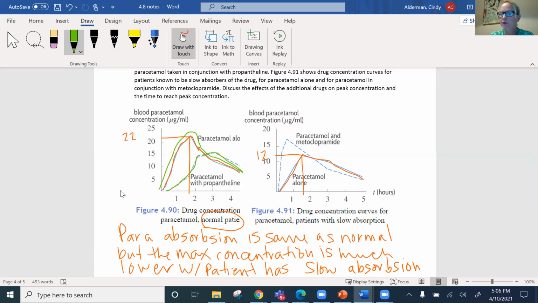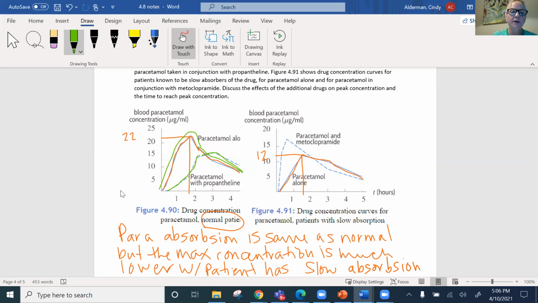Okay, so a lot of times what doctors do is they'll prescribe two different kind of medications and one medication will be the actual medication and the other medication will be something that will help generally somebody with like diabetes or some underlying thing, or an older person generally, right? Generally older people, particularly if they're overweight, will have slow absorption.